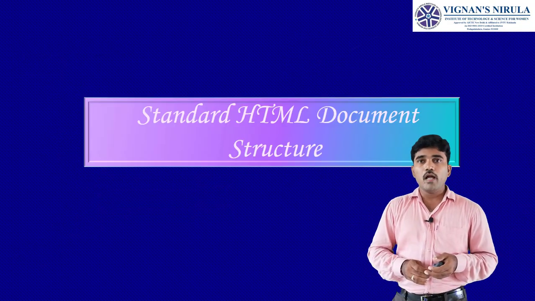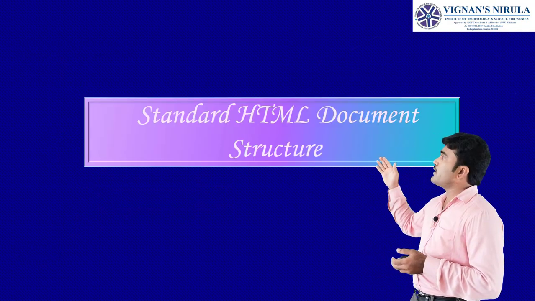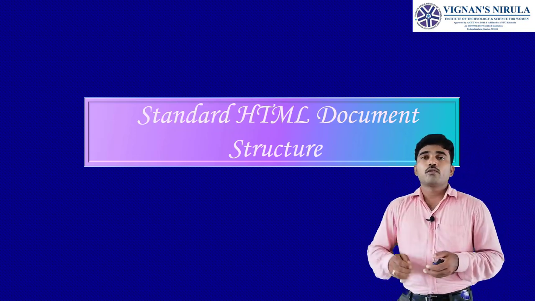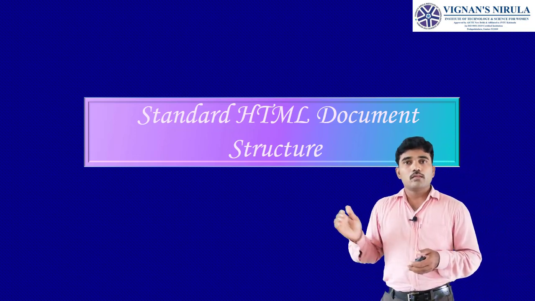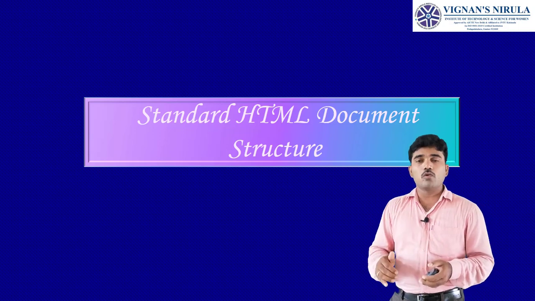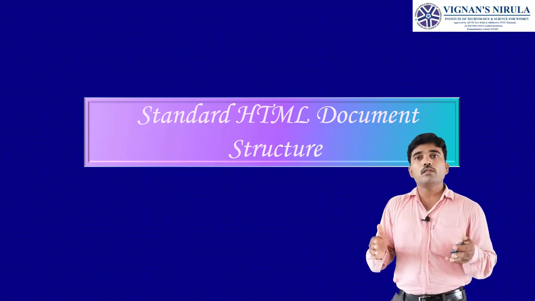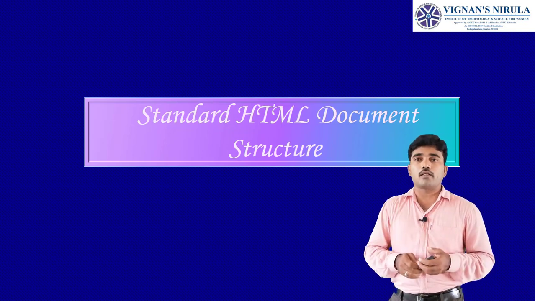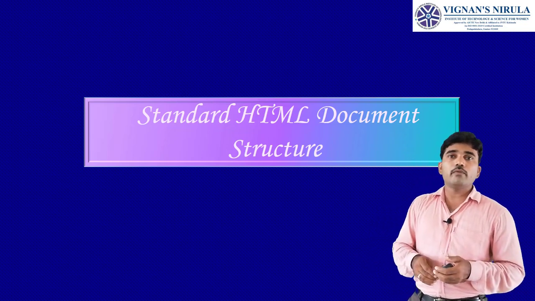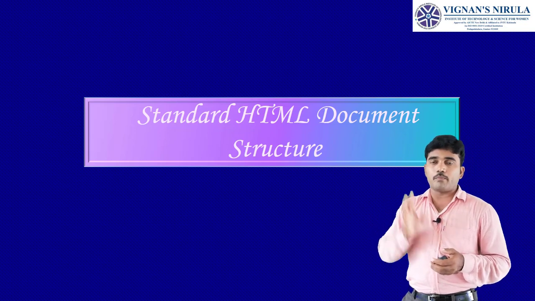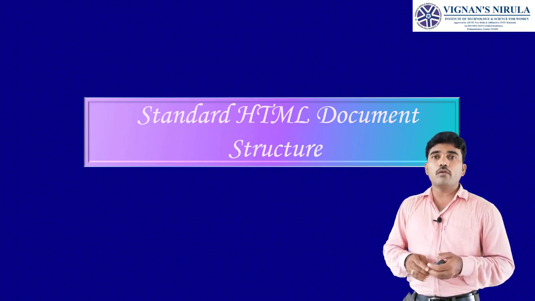Understand? And coming to the next one, standard HTML document structure. Based on the previously discussed example, we can say something about the standard HTML document structure. In the previous example, we first used doctype, which stands for document type.